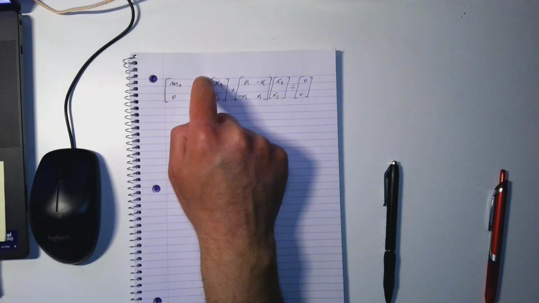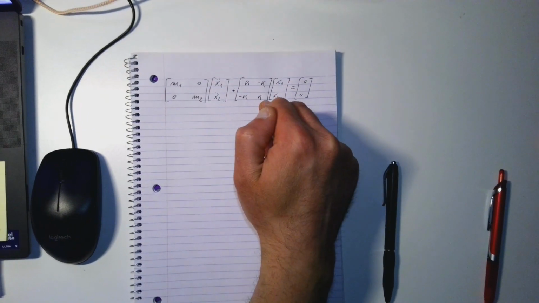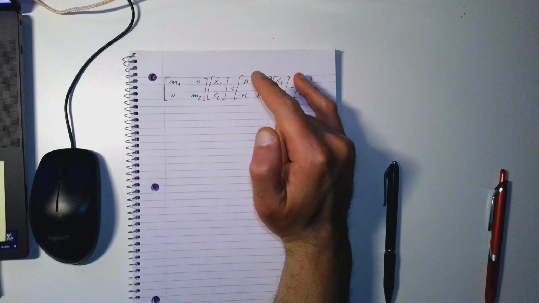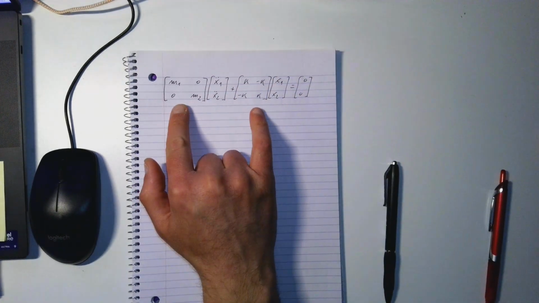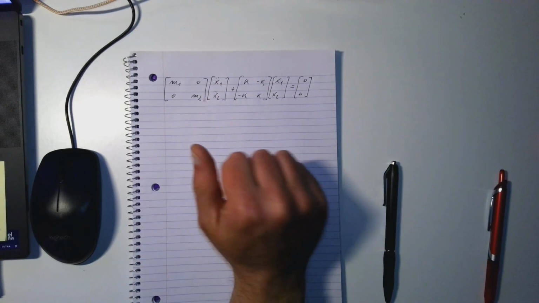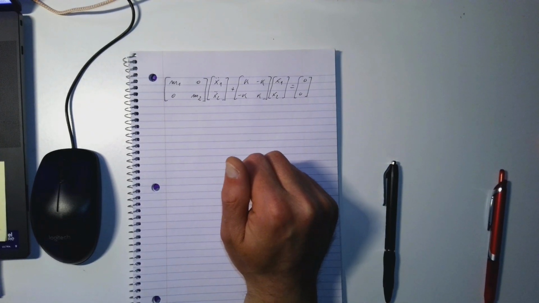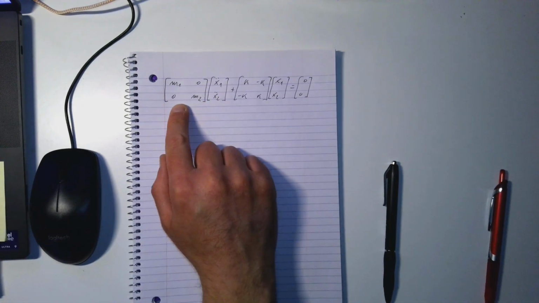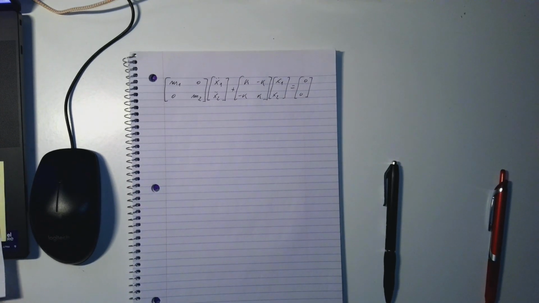M1, M2, 0, 0 on both sides, this is symmetric. Here we have on the principal diagonal k and k, and then above and below we have negative k and negative k. So both matrices are symmetric, so it looks like we are good to go. We can go to the next step. So now that we have the mass matrix and the stiffness matrix, what should we do now?